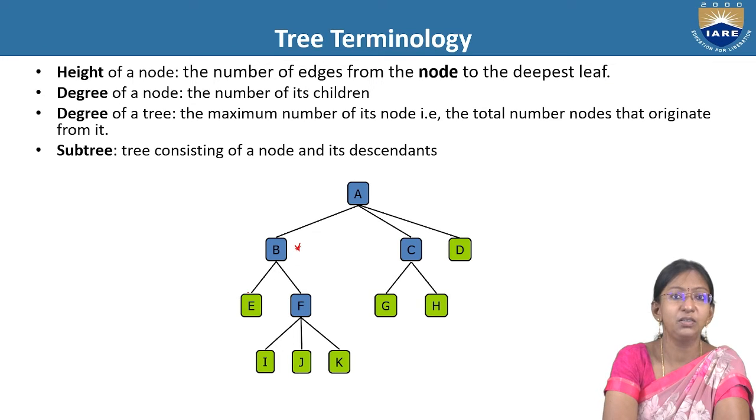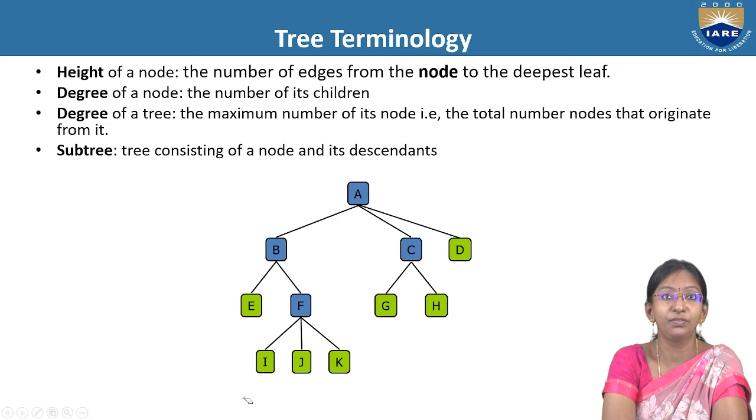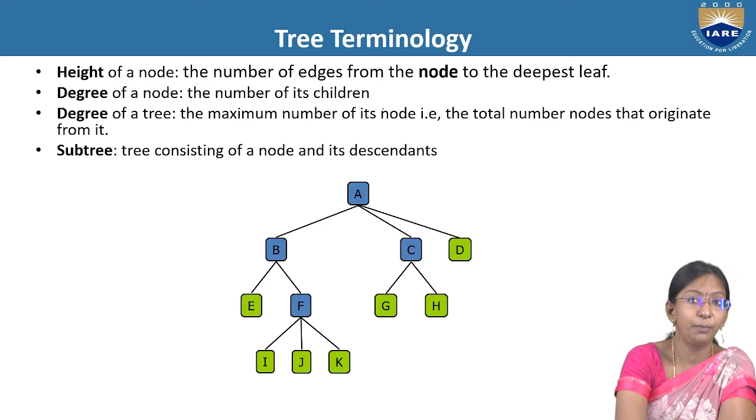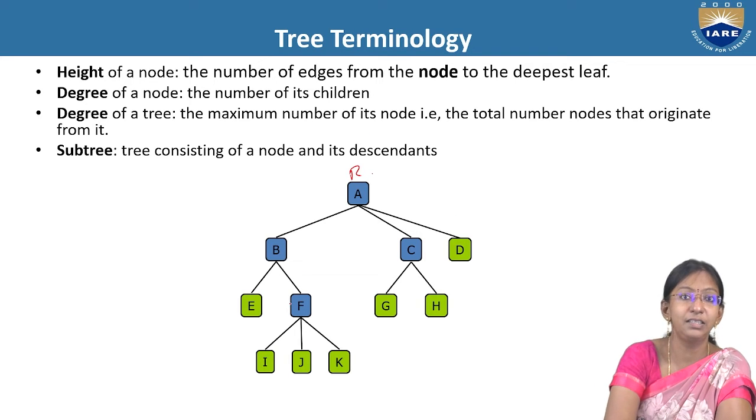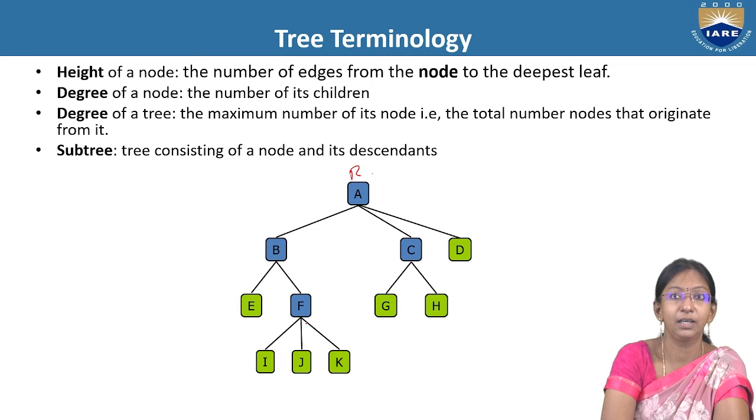Even though E is also a leaf of subtree B, the deepest one will be either I, J or K. So how many edges do you count? 2. So the height of B is 2. If someone asks you what is the height of the tree, then you calculate from the root till its deepest leaf.